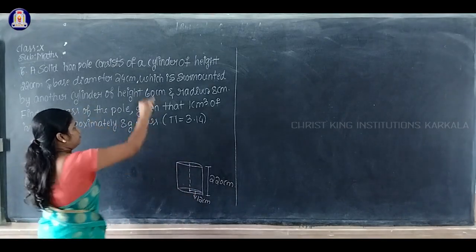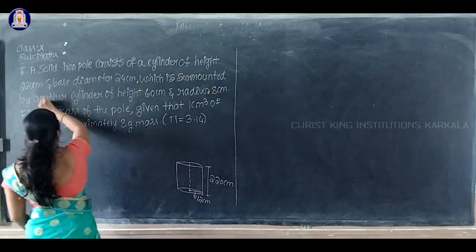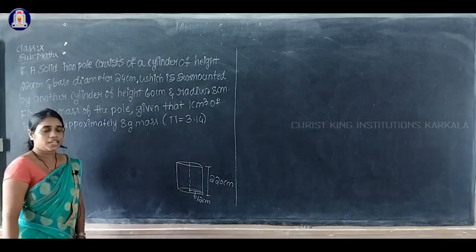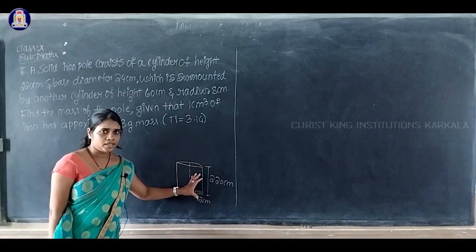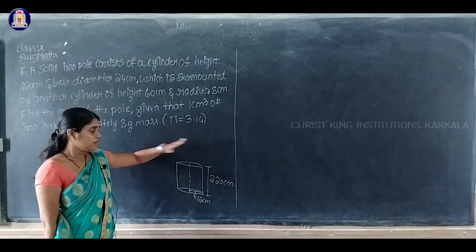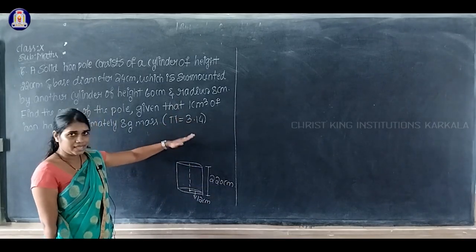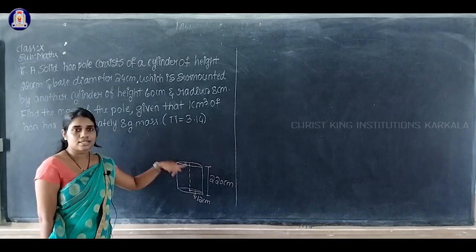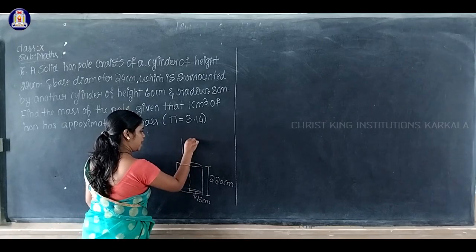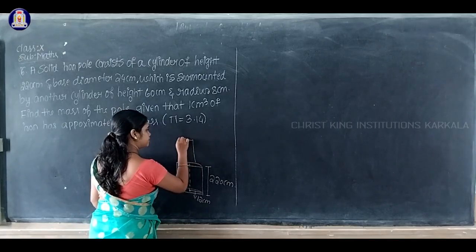Okay, yes, which is surmounted by another cylinder of height 60 centimeter. That means this cylinder is surmounted by another cylinder, means we have to consider another cylinder which lies on this cylinder. Okay, so therefore this is your another cylinder.